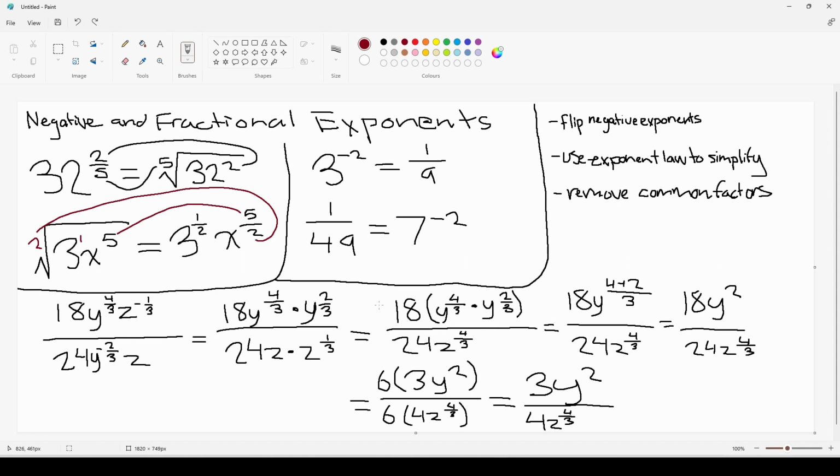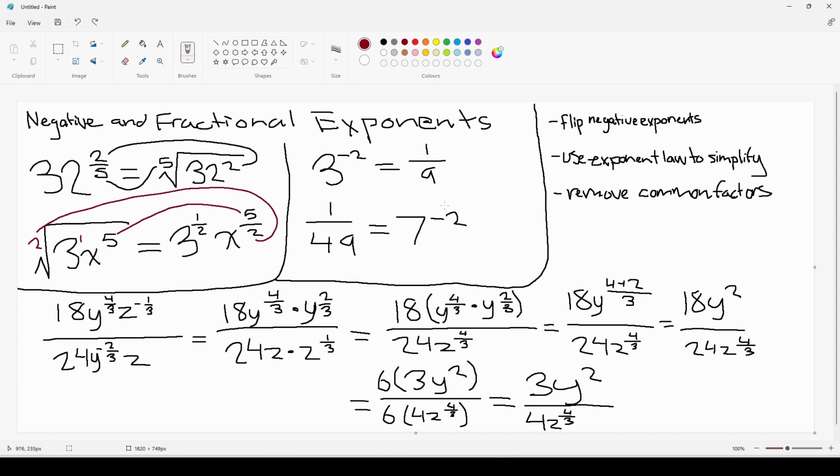And what we can do, we might not want to, but we definitely can, is with a bit of a mix of the two in this expression here, where we have 18y to the 4 over 3 times z to the negative 1 over 3 over 24y to the negative 2 over 3.